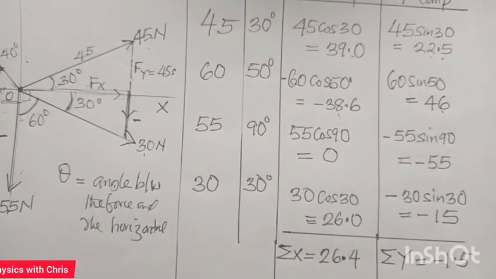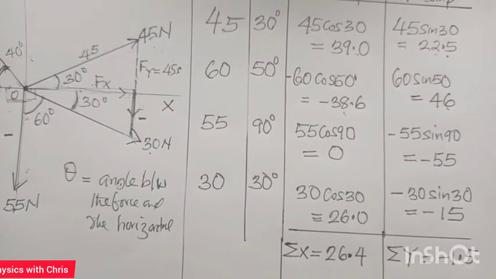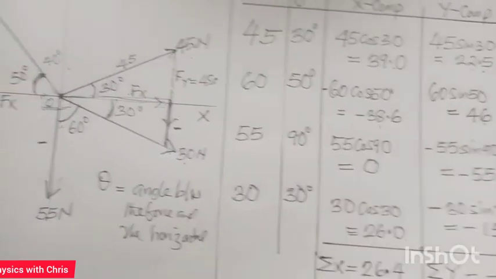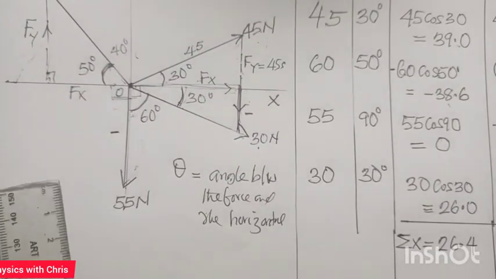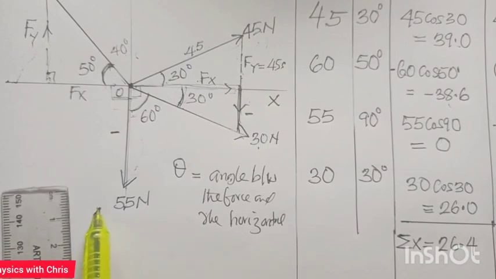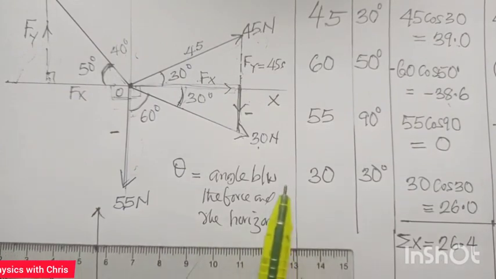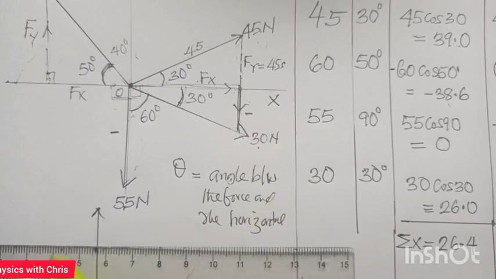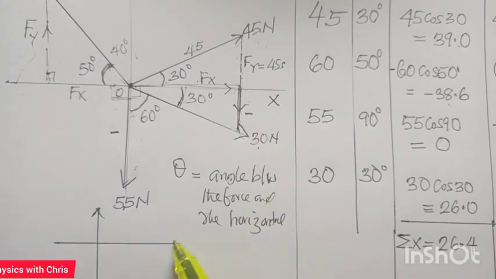So having got this, the next step is for us to redraw this diagram. This graphical representation of this system of forces simplifies to this diagram. This is my summation, the total components of all these forces acting horizontally, 26.4 Newton.